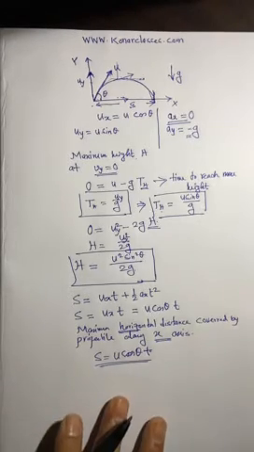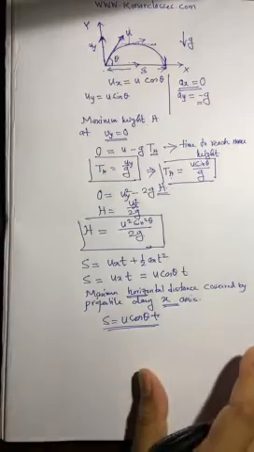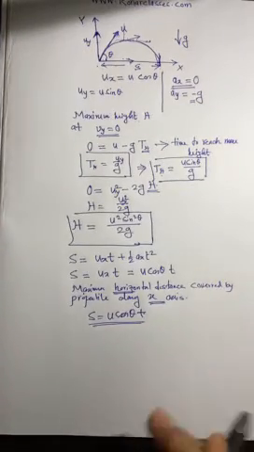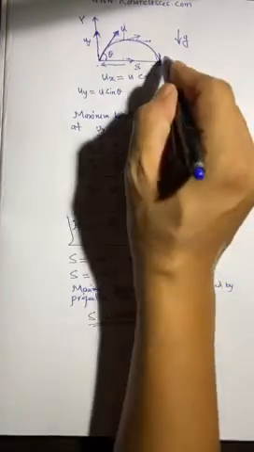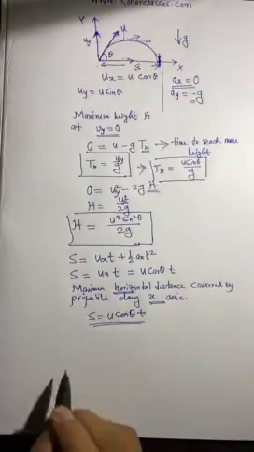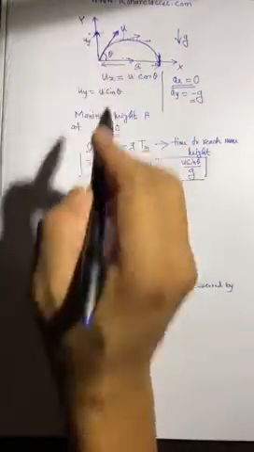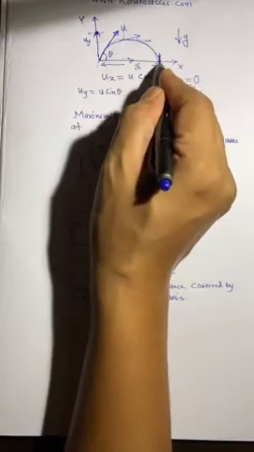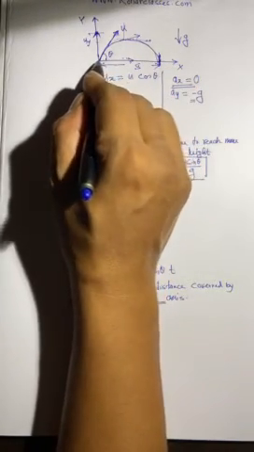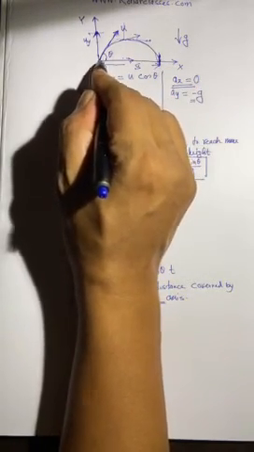Now another important point: at maximum distance y will be 0, meaning there is no height. At this distance y will be 0, and at t equals 0 y will also be 0.